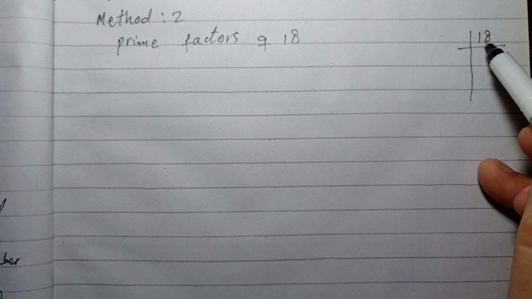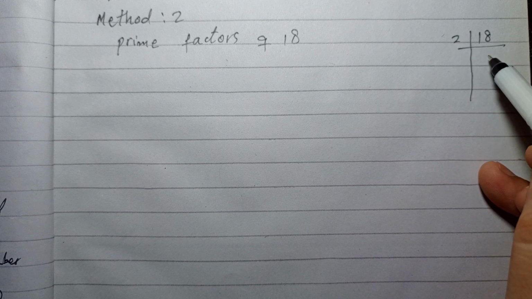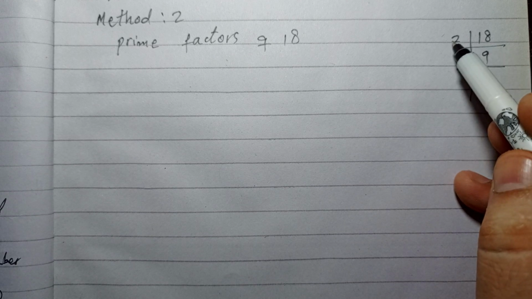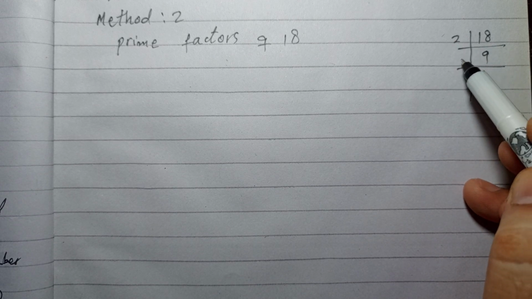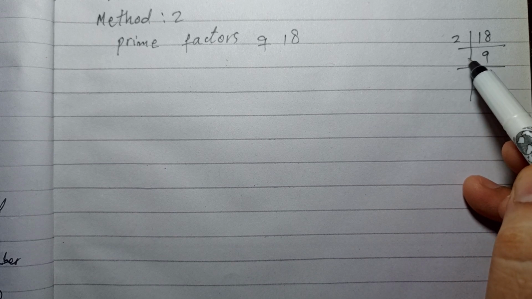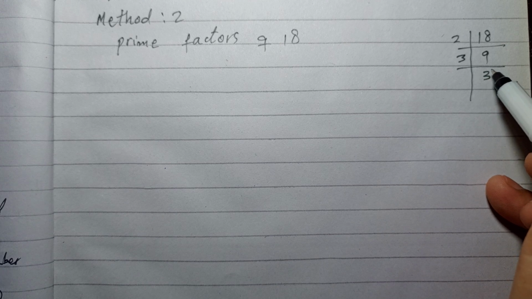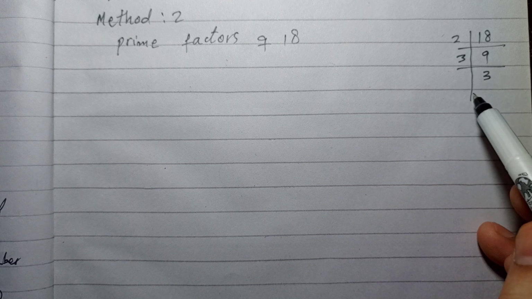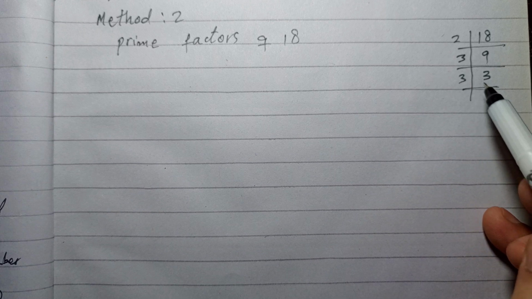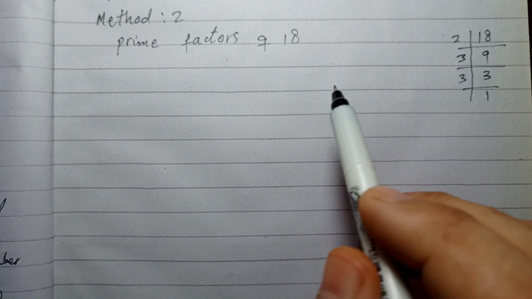You know that we can divide 18 by 2. When 18 is divided by 2, you will get 9. 9 can't be divided by 2, it can be divided by 3. 3 threes are 9. Now 3 can be divided by 3 only. 3 ones are 3.